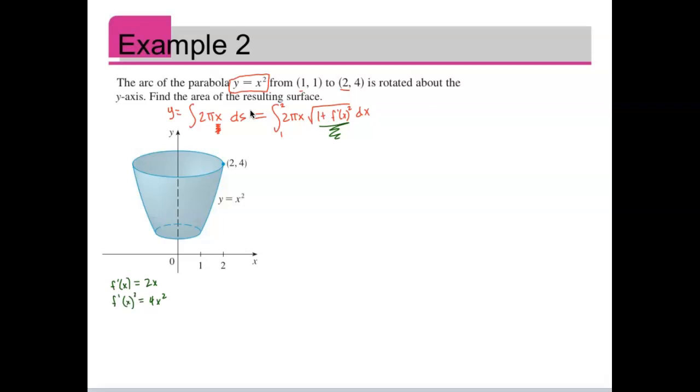And then I'll add 1 to it. I can bring the 2 pi out front. I'll have x root 1 plus 4x squared dx. There we go. Now we just need to evaluate.